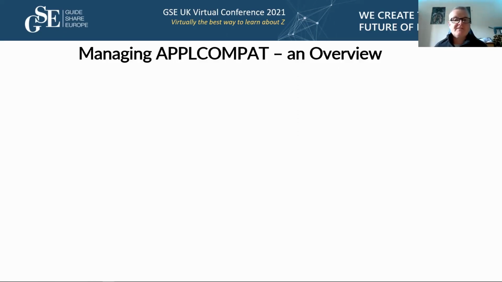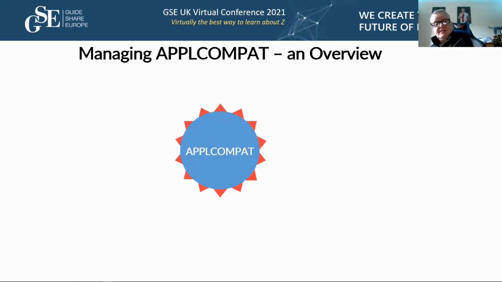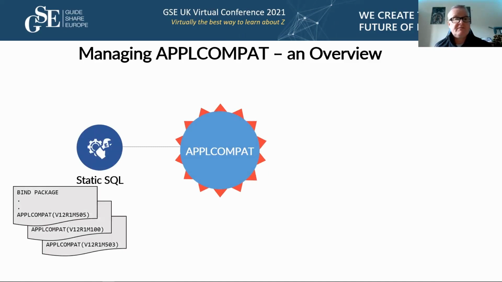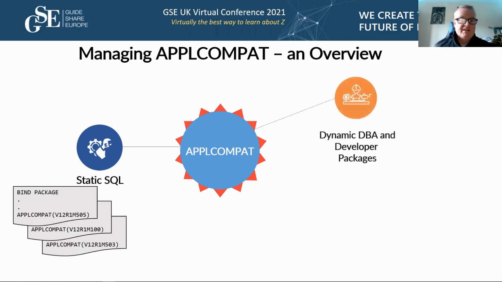Right, off we go. So managing APPLCOMPAT, an overview. This is just a picture slide, really. We've got APPLCOMPAT in the middle. Static SQL, you could bind with your APPLCOMPAT bind parm, and then you pick a function level, so that's not too tricky.